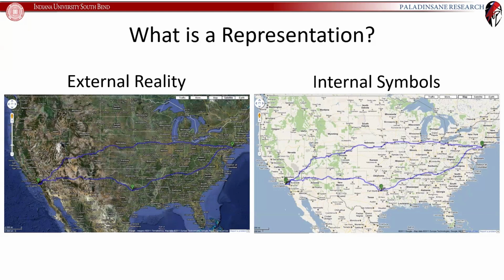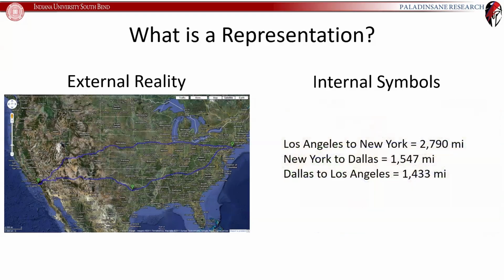There are different types of symbols that can stand for the same thing. So, for example, you might represent the external reality of the United States and its layout of cities with an internal symbol that looks a lot like an image, looks a lot like a map of the United States. Or you could represent the layout of cities in the United States with just a series of statements.